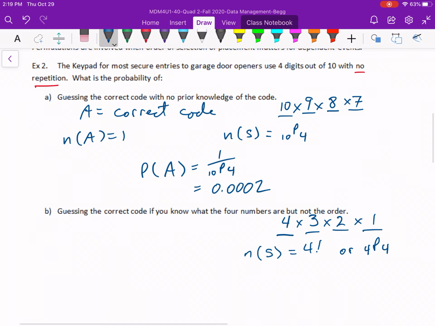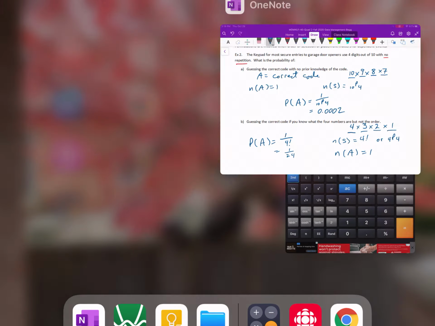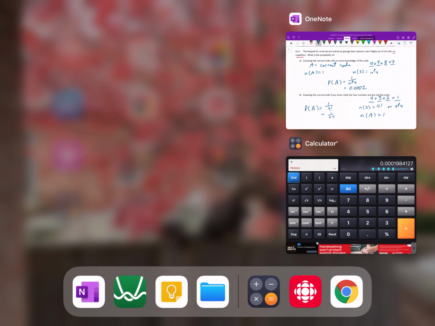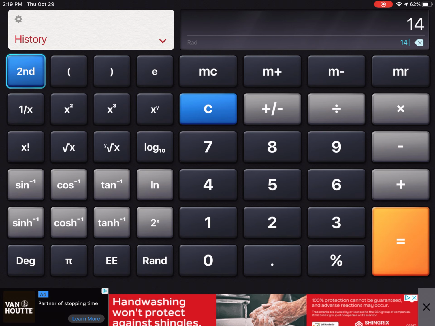Again, there's only one correct code, so n of A is still just 1. So the probability of guessing the correct code suddenly gets a lot better. Now it's 1 over 4 factorial. 4 factorial is just 24. I remember this one from before, 4 times 3 times 2 times 1. So I want 1 divided by 4 factorial.